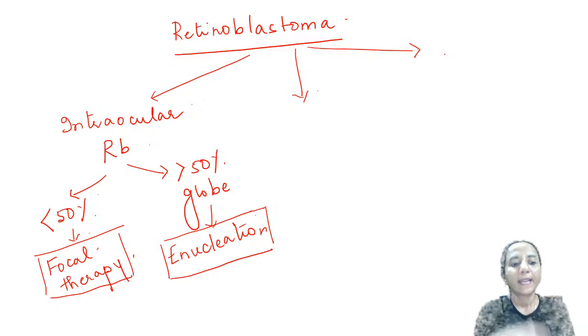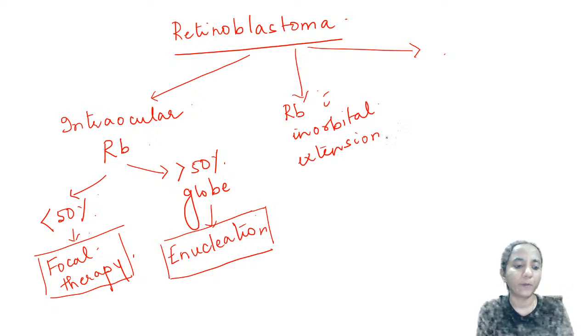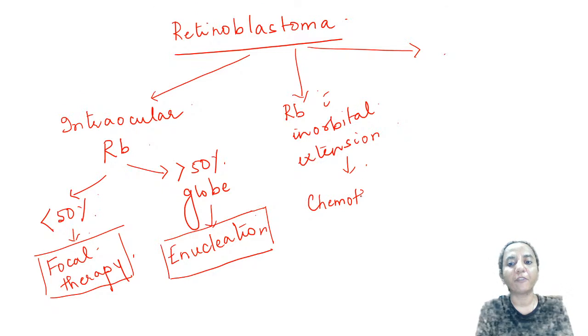Now, another set of questions that they give is, they say that there is a retinoblastoma, but with intraorbital extension or locally advanced retinoblastoma. Locally advanced retinoblastoma is generally inoperable. So the treatment is first a few cycles of chemotherapy.